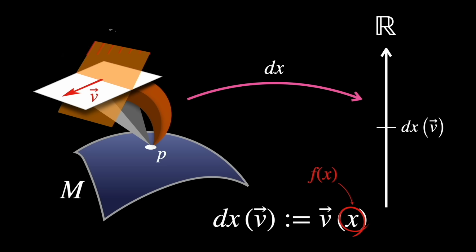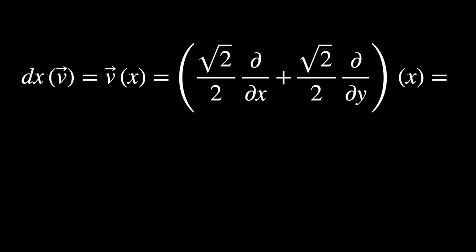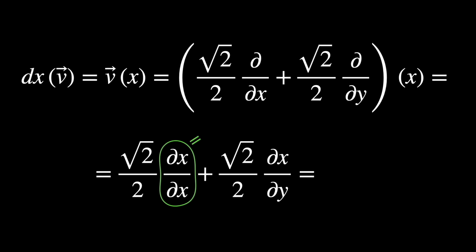A similar result is valid for dy. So the one-forms dx and dy are a sort of filter that extracts the x and y components of a vector. When dx acts on the vector v, for example, we get the magnitude of the vector's projection onto the x-axis, and similarly for dy.